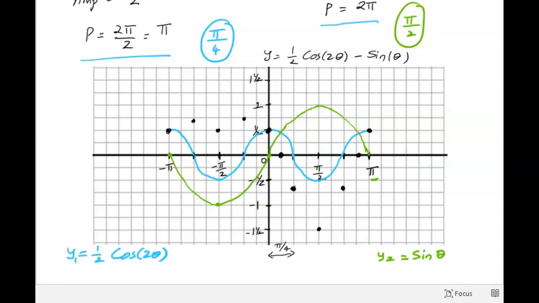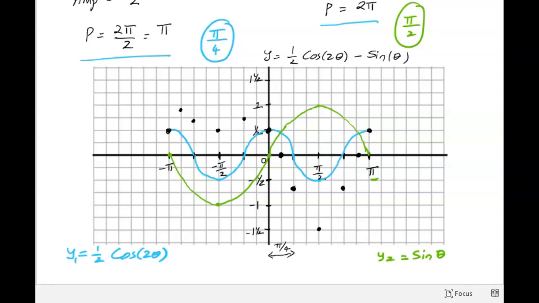So if I take into account these 2 points here, the blue graph just has a value of less than half, so less than half minus minus half. So that's going to take us to a value close to positive 1. So like I said, it's really good to do further points so that way you can get more accurate graphing of your half cos 2 theta minus sine theta graph.